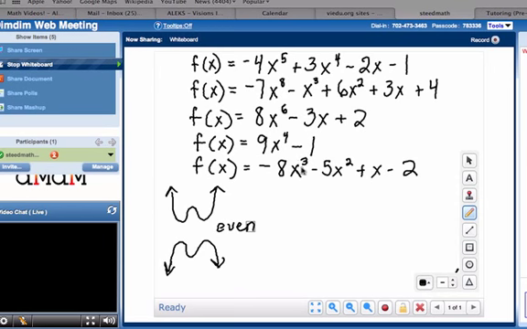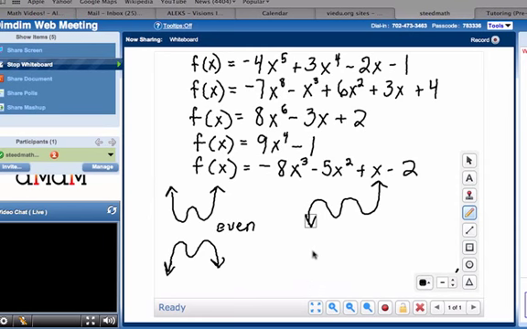When I say even, I'm referring to the exponential power of the leading term. Now the odd functions are going to end in opposite directions. So one is falling to the left and the other is increasing to the right.